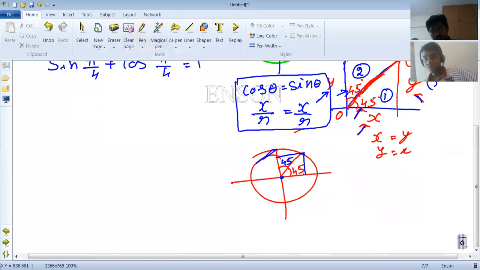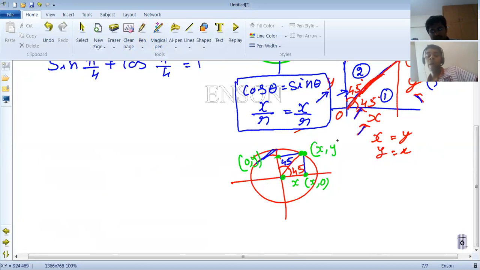What is the length from here to here on x-axis? Observe clearly so that you will understand very easily. x equal to x, which will be x comma 0. And what about this one? 0 comma y. And what about here? x comma y.